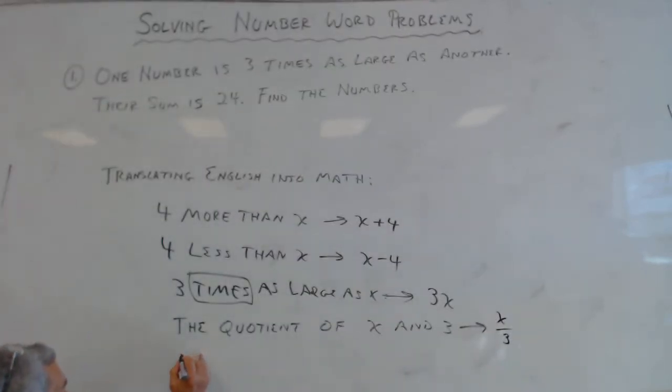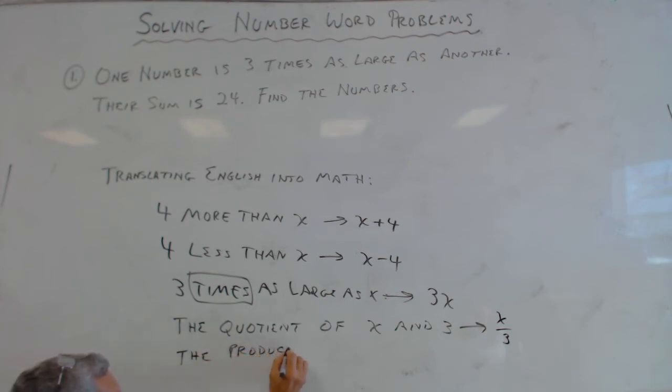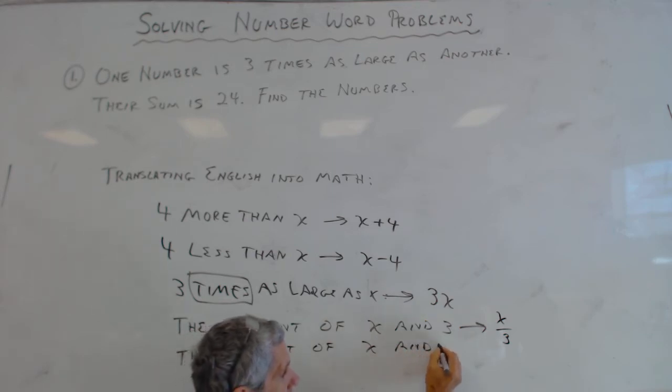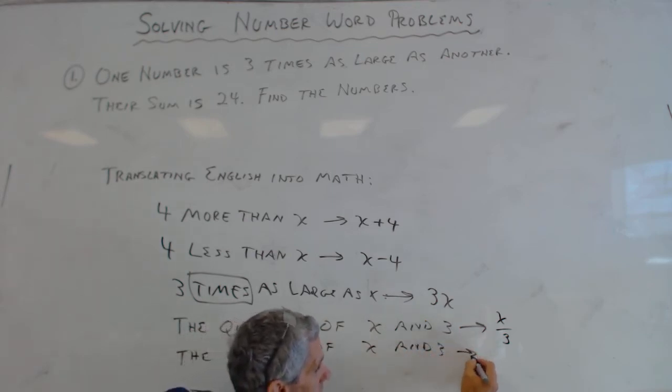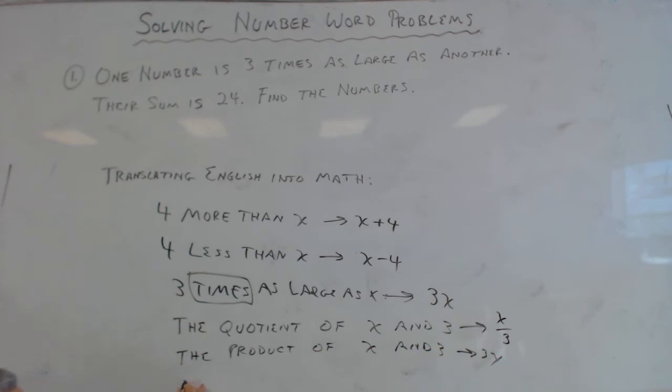What if I said the product of x and 3? It would be 3x. What if I said the difference of x and 3? What would that be?